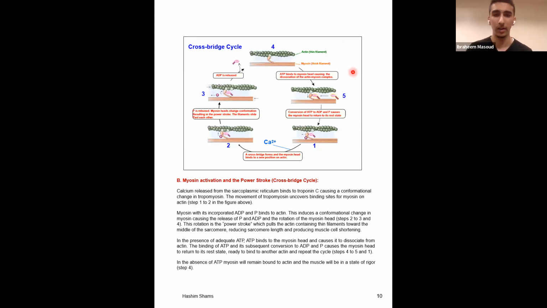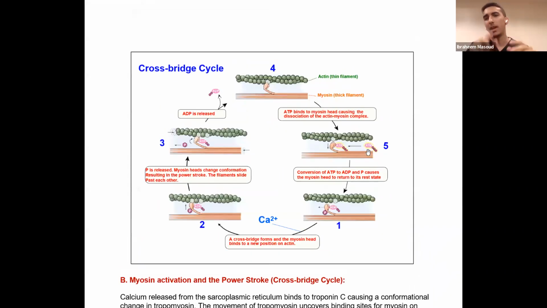Now, this chart, the cycles. You don't want to memorize every step. I got you with something really cool. Just stay with me. Focus with me, please. So normally, this is what's happening. Myosin is relaxing, and the ATP is bound to it. So this is myosin. This is actin. Again, I'm going to use this all the time.